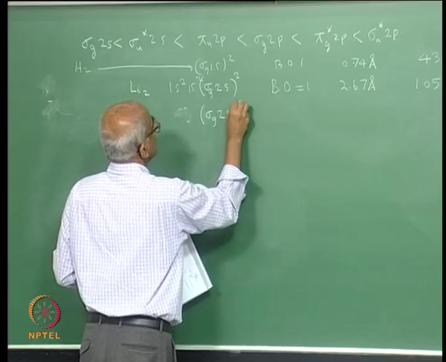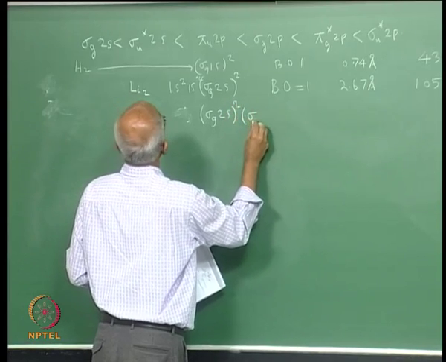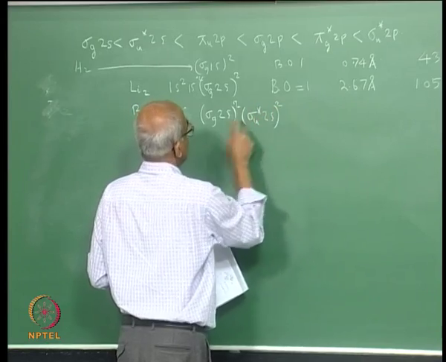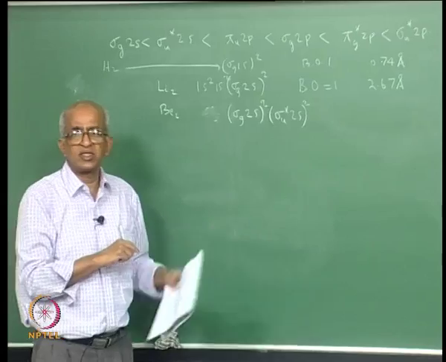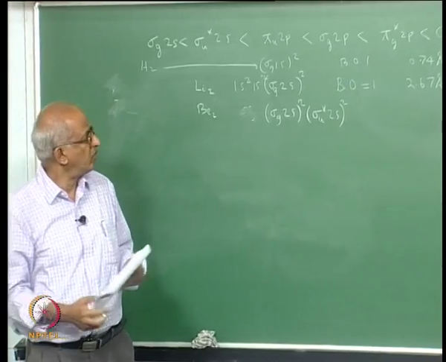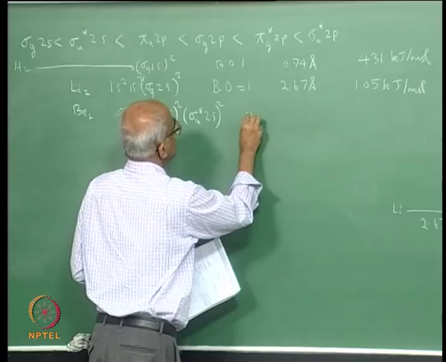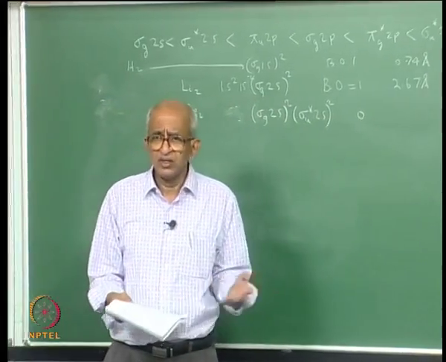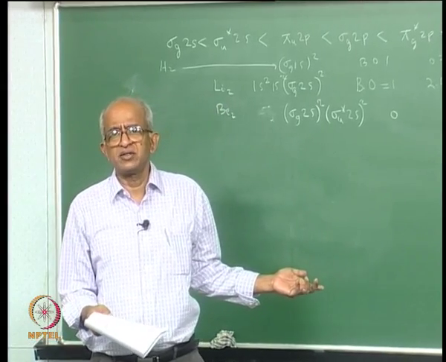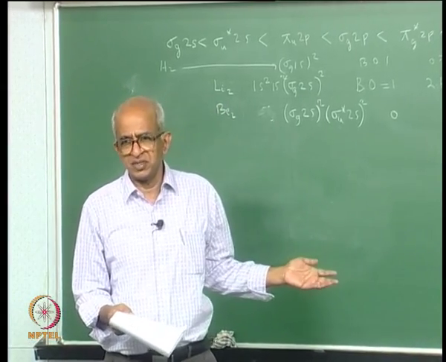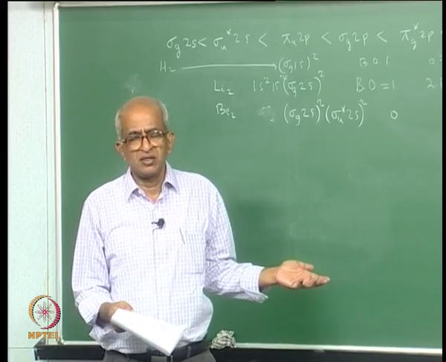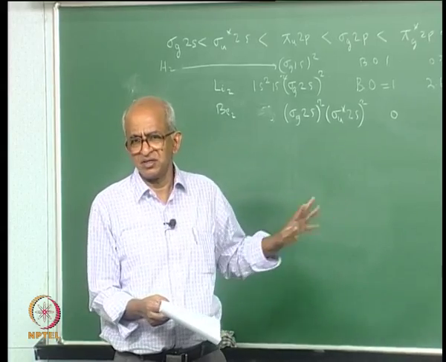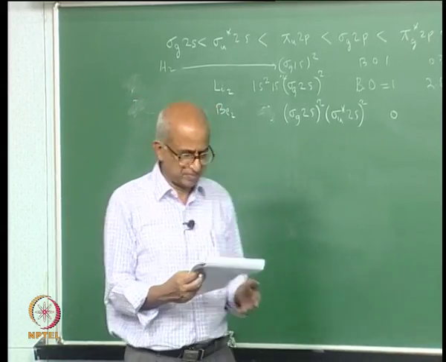Sigma g 2s with 2 electrons and sigma u star 2s with 2 electrons. So, 2 electrons in a bonding orbital, 2 electrons in an antibonding orbital. So, if you calculate the bond order, you will find it is 0, and this predicts that it will not be stable, and this is in agreement with the experiment. This is what is nice about molecular orbital theory. Most of its predictions are in full agreement with experiments.